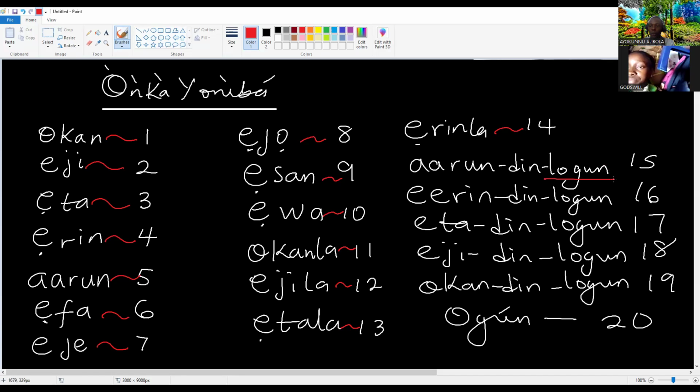So that is Ogun D Aaron, which is 15. Erin the Logun, 16. Eta the Logun, 17. Eji the Logun, 18. Okan the Logun, that remains 1 to get to 20, okay? That's 19, then 20.